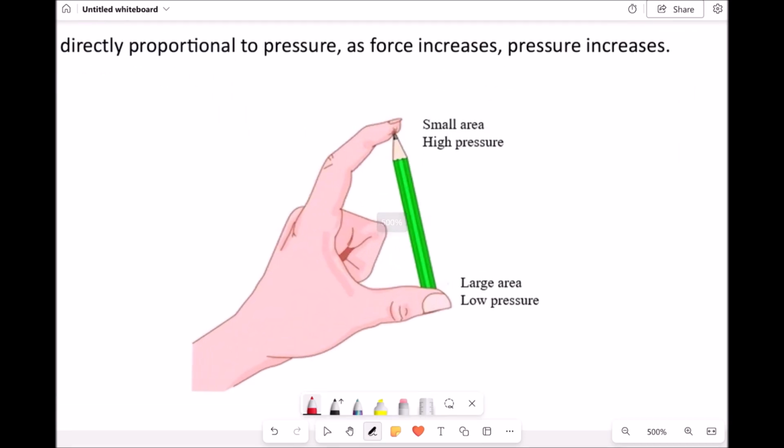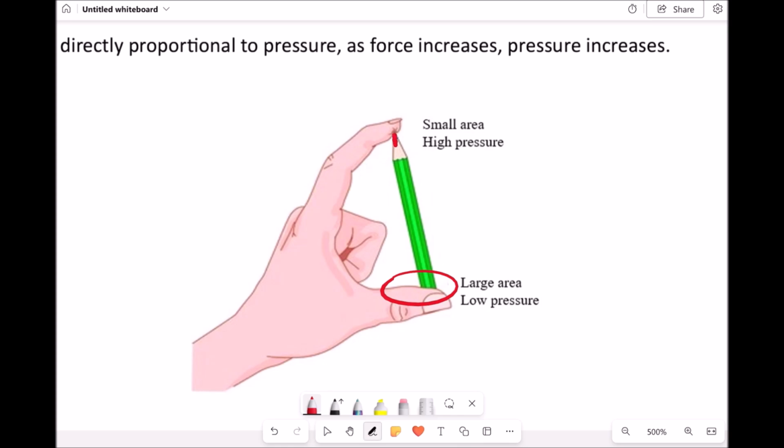Regarding the equation, remember that force and pressure are directly proportional. If you apply this to a pencil, the head that is not very sharp has a larger area, so if you apply force on it, it's not going to hurt too much.